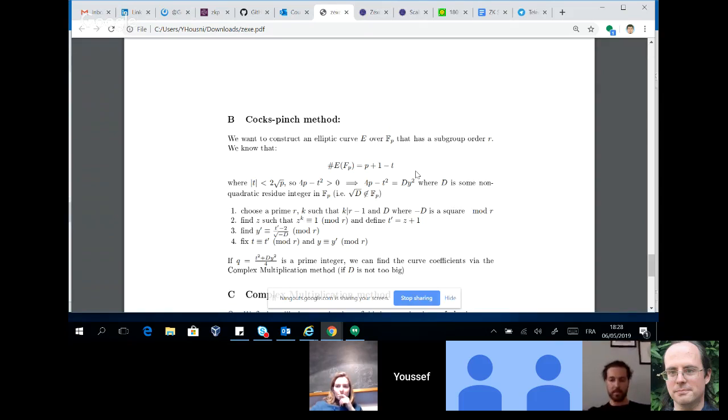An intuitive way to understand this is to look at short Weierstrass elliptic curves. So we have y squared equals x cubed plus ax plus b. Imagine x is an integer between 0 and p minus 1, it belongs to F_p. So if x goes from 0 to p minus 1, then you have to solve the equation in y squared. Imagine you have one solution of this quadratic equation per x.